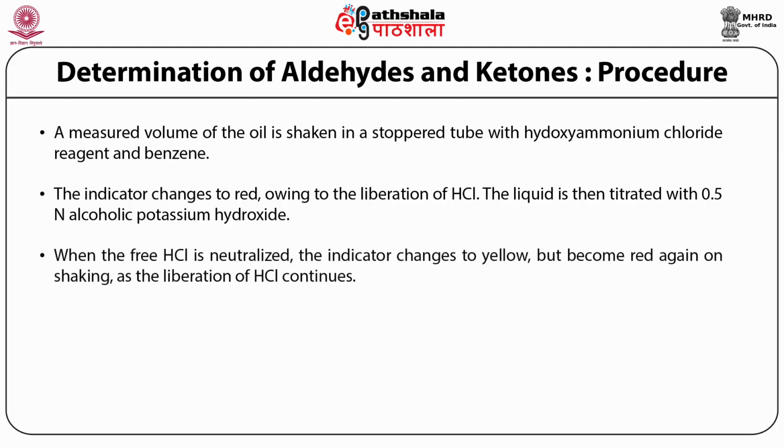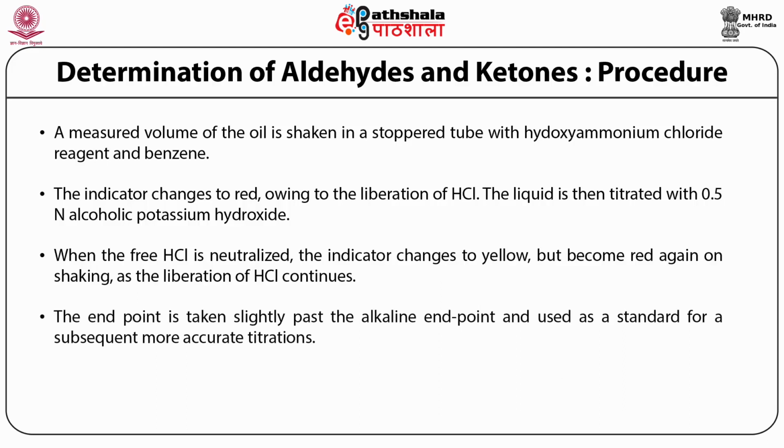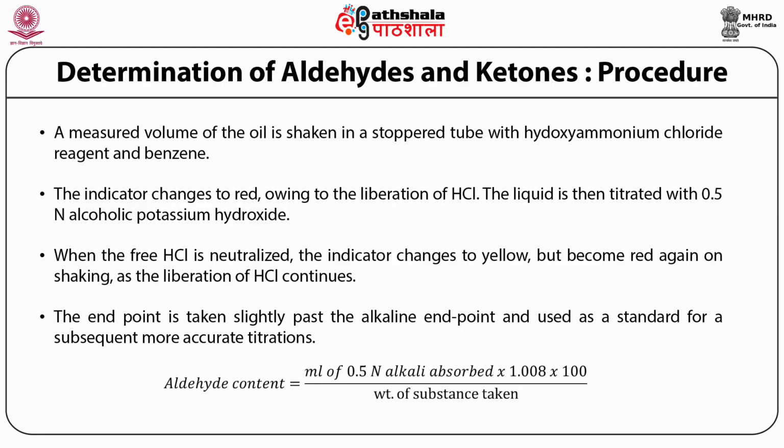When free HCl is neutralized, the indicator changes to yellow again, but becomes red again on shaking as the liberation of HCl continues. The endpoint is taken slightly past the alkaline endpoint and used as a standard for subsequent more accurate titrations. Aldehyde content is determined by the ml of 0.5 normal alkali absorbed multiplied by 1.008 multiplied by 100 divided by the weight of the substance taken.